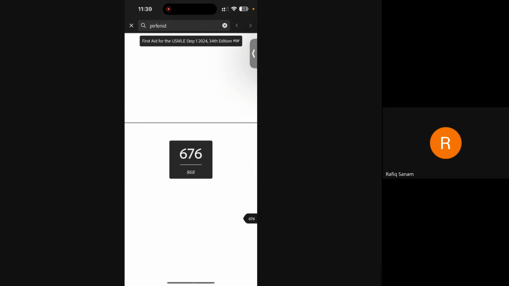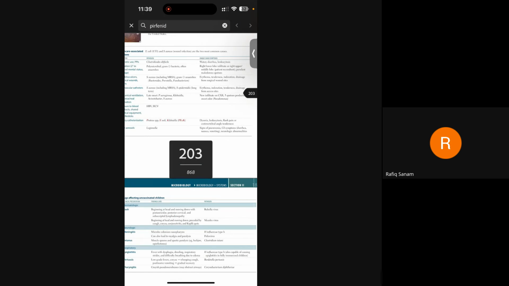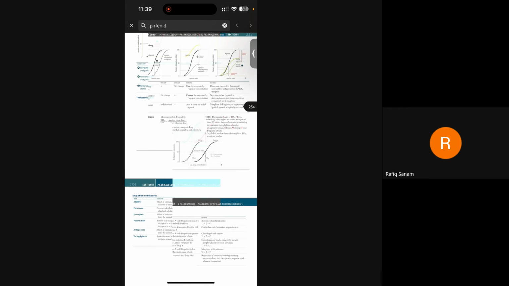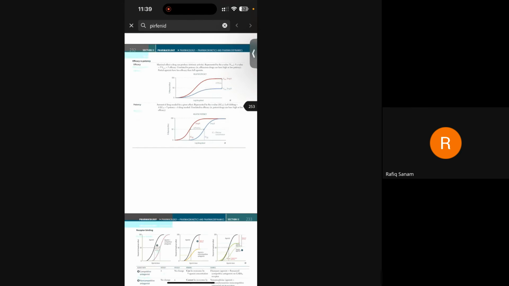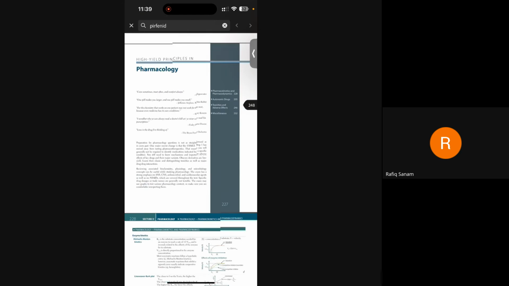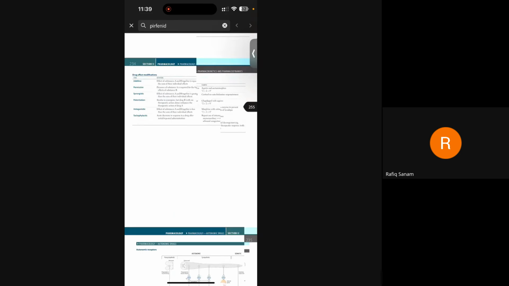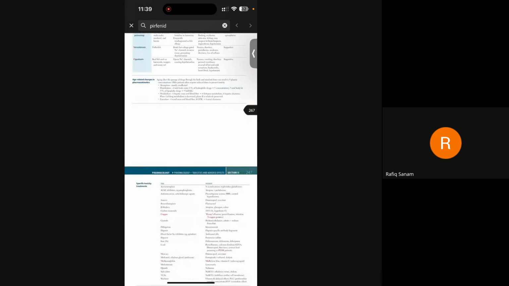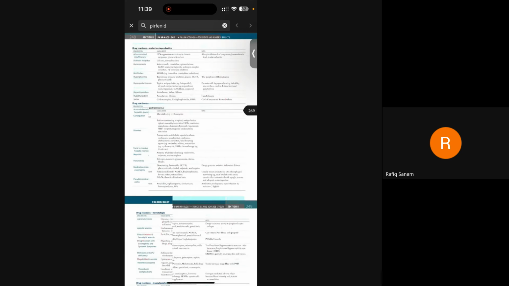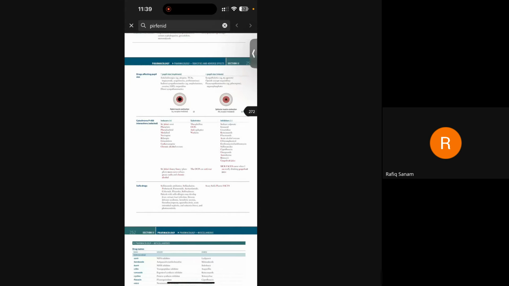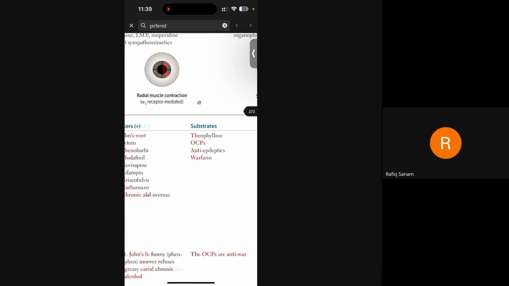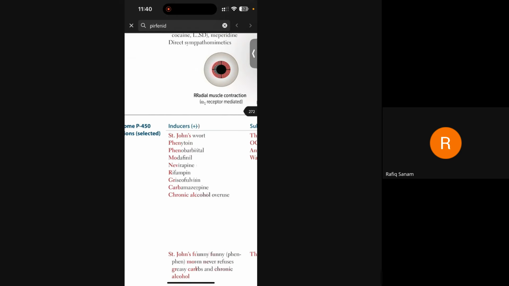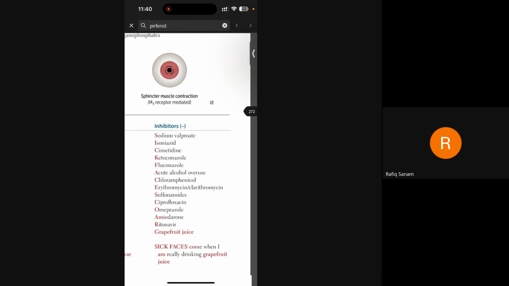So do you know where the cytochrome P450 inhibitor drugs are written? They are written on the cytochrome P450 interaction list. One group are the inducers and one are the inhibitors.